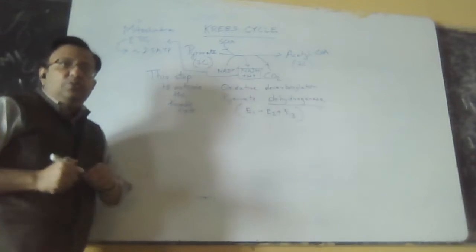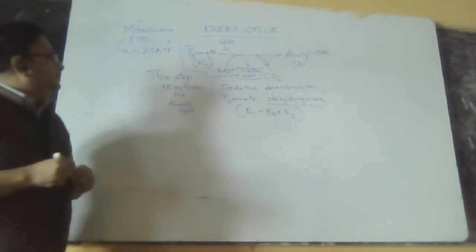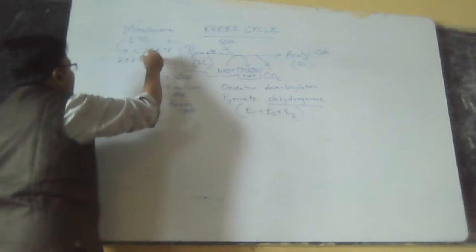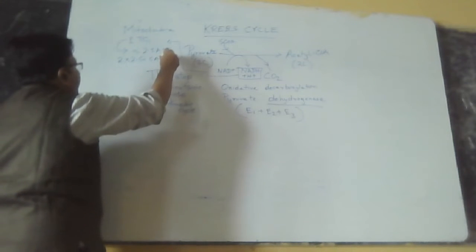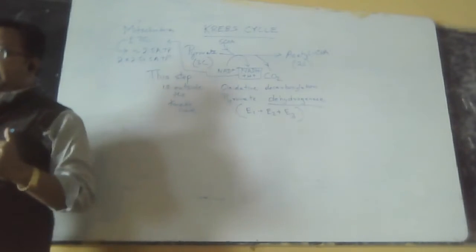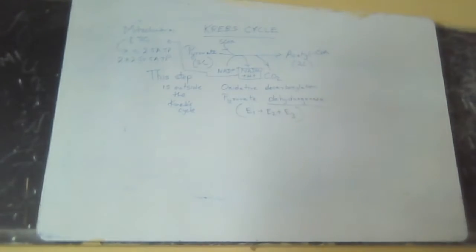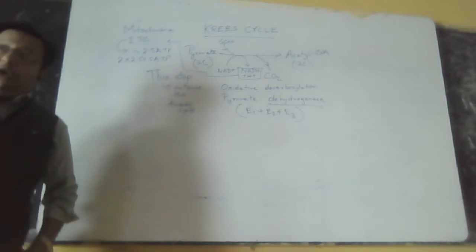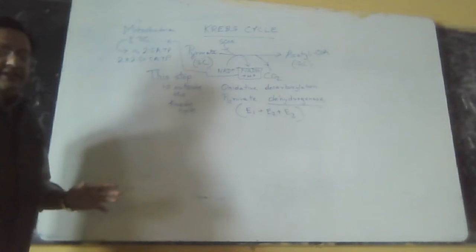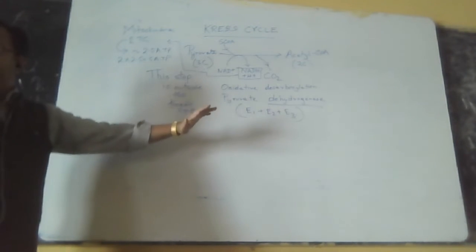Since two pyruvate molecules are formed, five ATP. So you are not taking this into account only for the Krebs cycle. But if anybody says what is the total yield of ATP in the whole when a glucose molecule is oxidized, then you have to take this into account. So this is the first step which occurs.